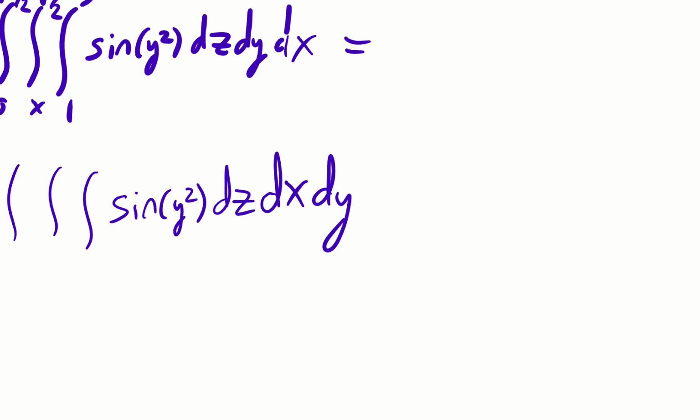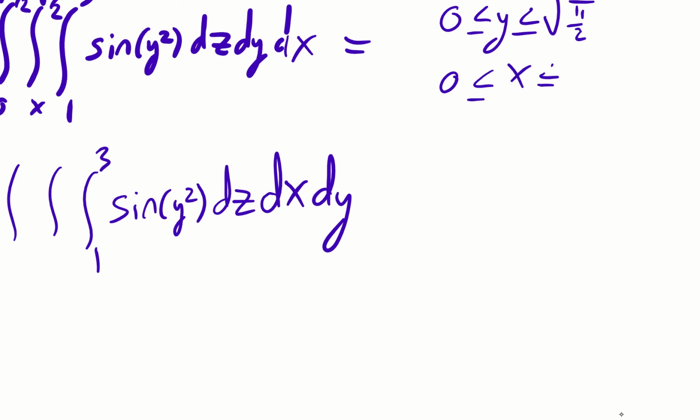We still need to find our bounds. The bound for integrating with respect to dz is still going to go from 1 to 3. And originally we had that 0 was less than or equal to y, which is less than or equal to the square root of pi over 2, and x was greater than or equal to 0 and less than or equal to the square root of pi over 2.